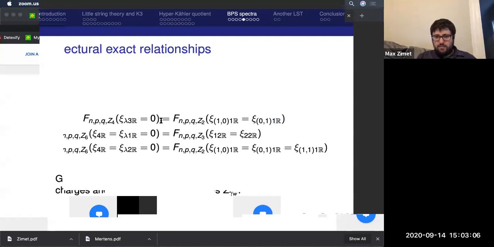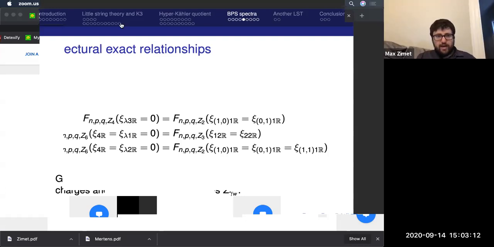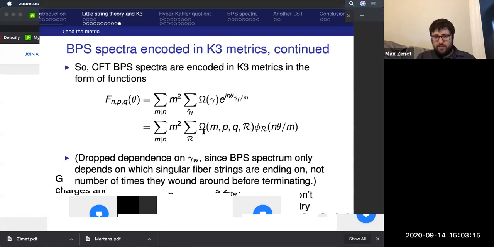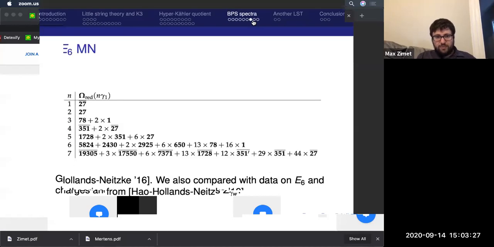Whereas in contrast, the Minahan-Nemeshansky BPS spectra are really complicated. And yet, if you package them in this way, in these functions, taking these linear combinations of characters and Taylor expanding them. Well, sorry, you don't even have to Taylor expand them now because, like I said, this is supposed to hold at all orders.